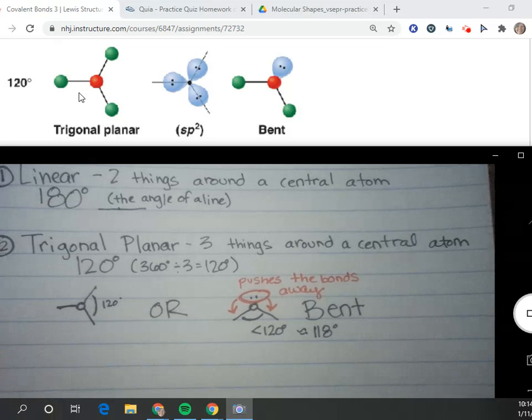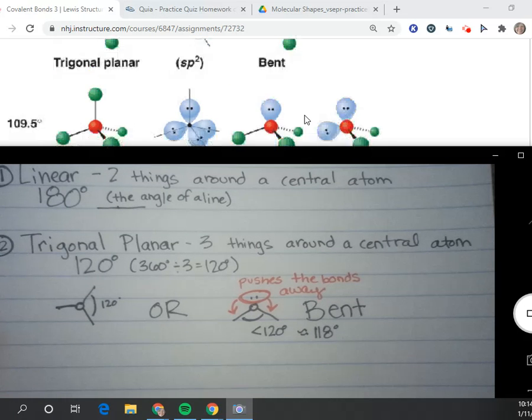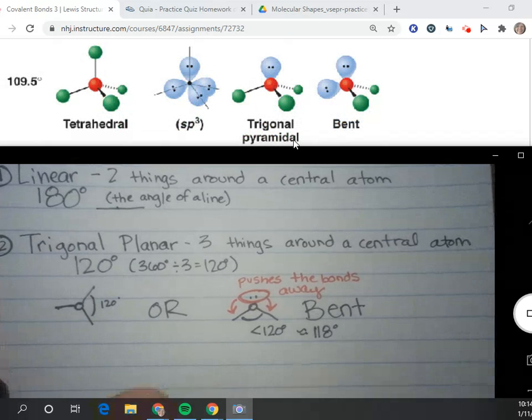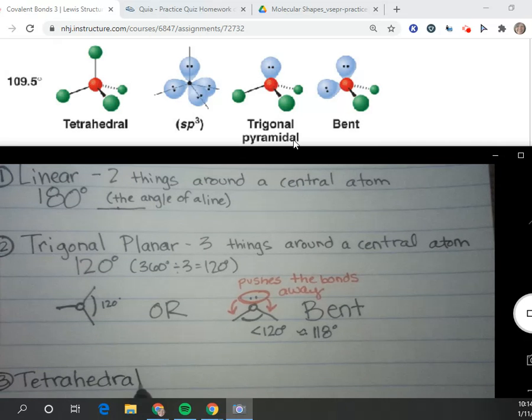All right. So then our next shape is called tetrahedral. What does tetra mean? When we talk about our prefixes, it means 4, right?